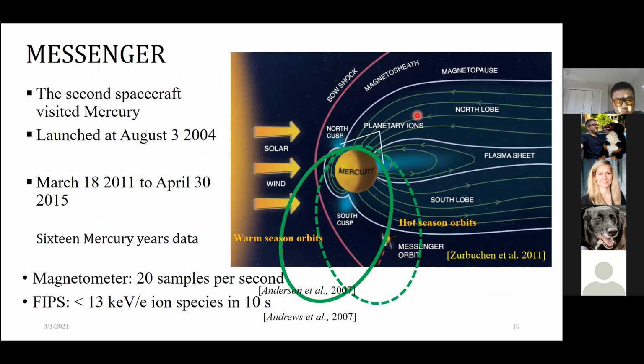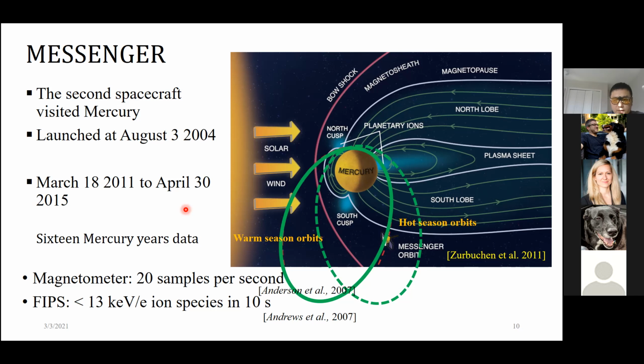MESSENGER was launched on August 3rd, 2004, and orbited Mercury from March 18, 2011 to April 30, 2015. So MESSENGER provided more than 4 Earth years of measurements of Mercury's magnetosphere, which corresponds to more than 16 Mercury years of data.